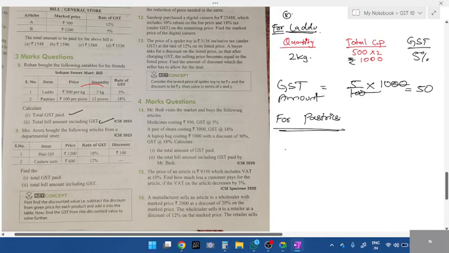For pastries, quantity is equal to 12 pieces, students. Each piece is rupees 100. So find the total cost price. On top of that, calculate GST.